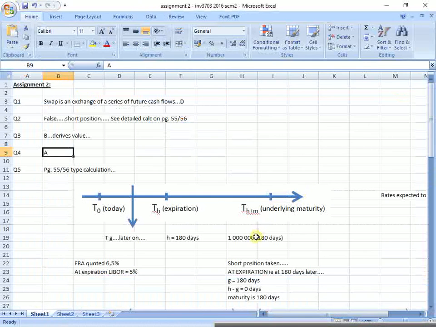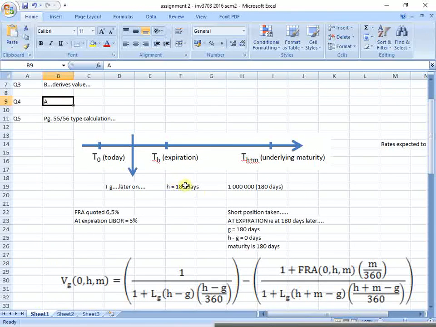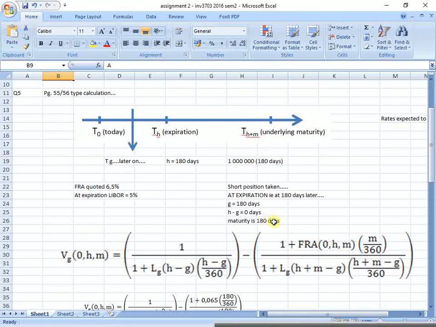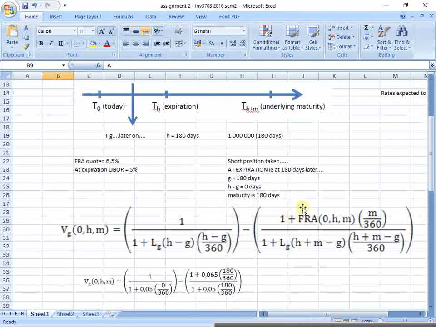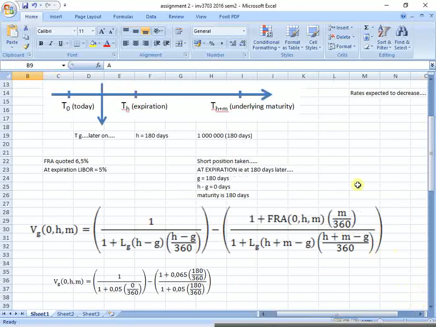So I drew a diagram. This is the little picture. I'll send this to you so you've got it. I'm looking at GH and I'm solving for the V. So what happens here? Rates are expected to decrease.